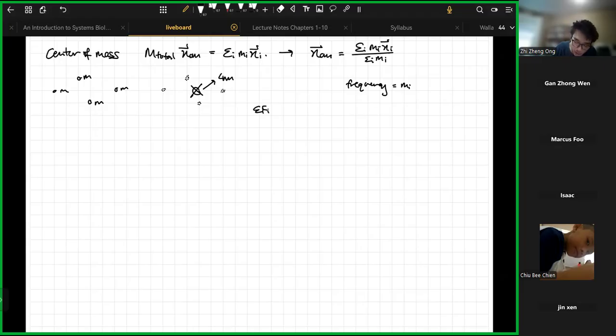Individually, you can write this for each mass, and if the accelerations are the same, then you can add all the equations together, and you will still get a net force on all of them.